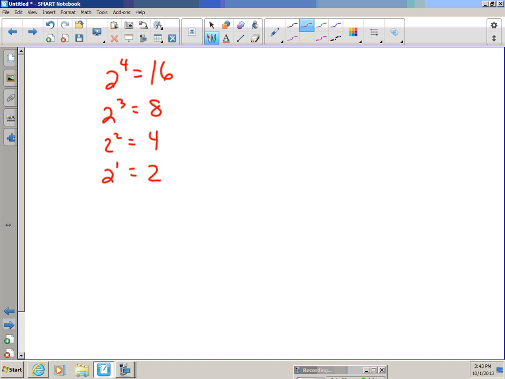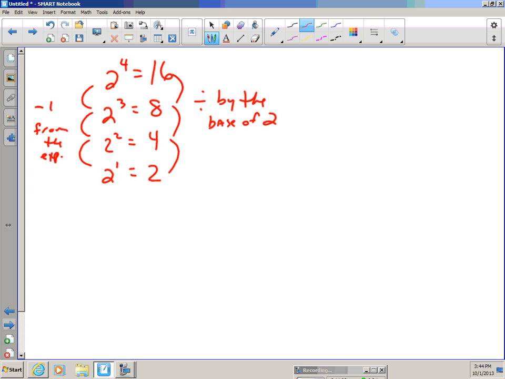Now, if you can see the pattern that's happening here, I am subtracting 1 from the exponent. And here, I'm dividing by the base of 2. So following this pattern, you can see how 2 to the 0 power is 1.